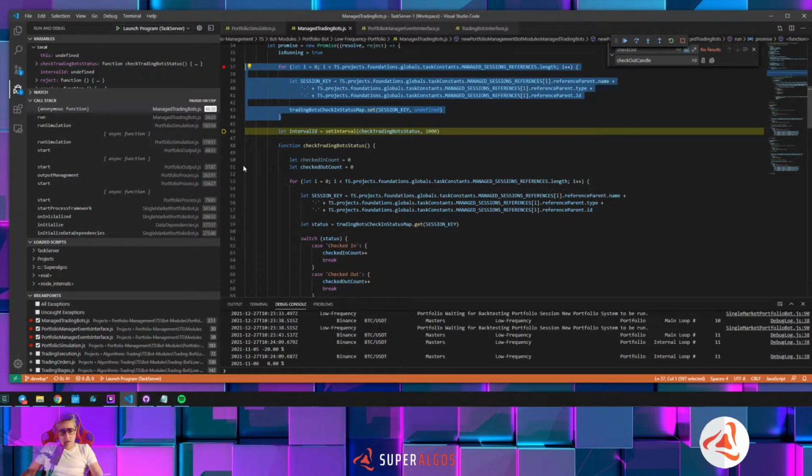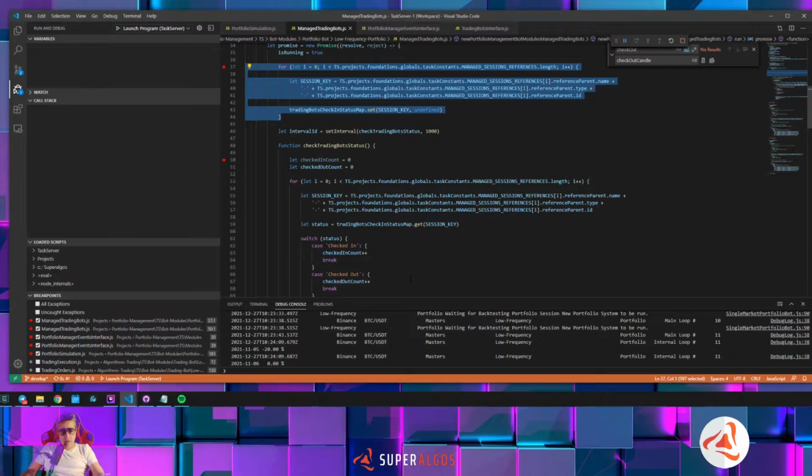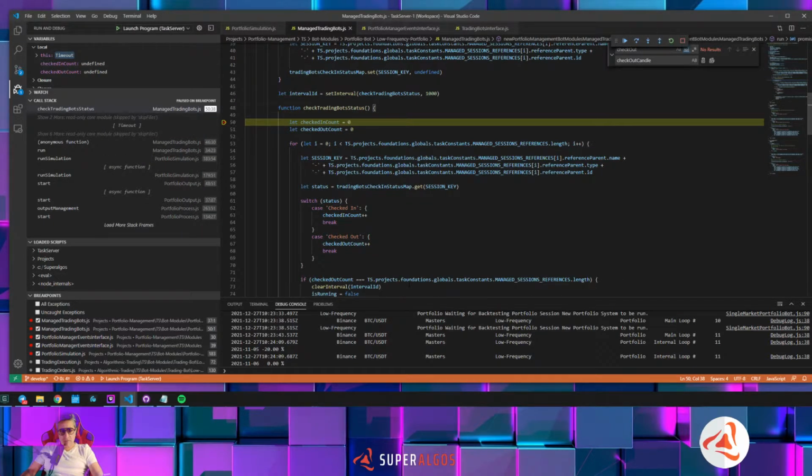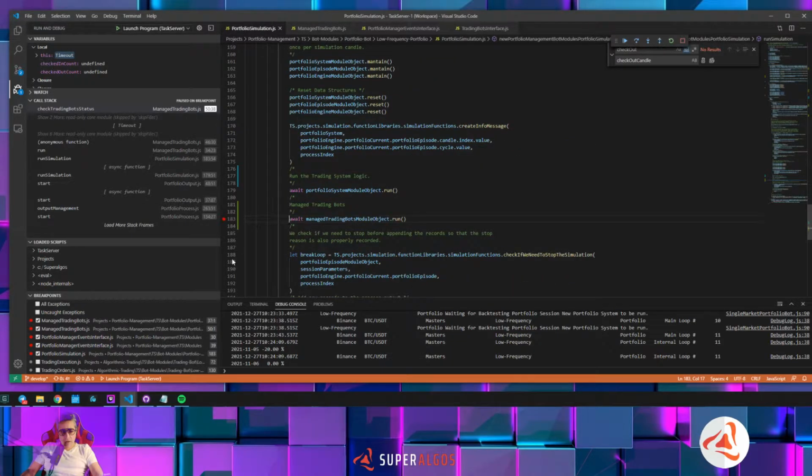So here we check interval, so we run, and in a second we arrive here. It would have been nice to see if this continues running, hopefully not.